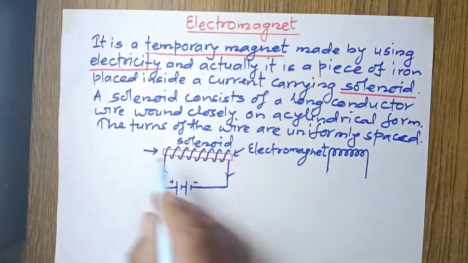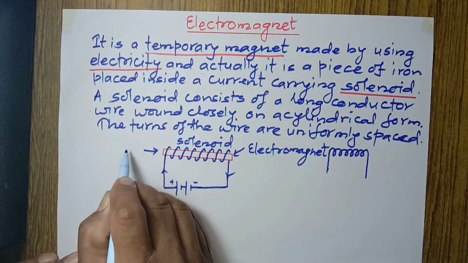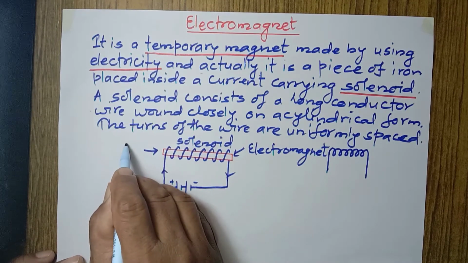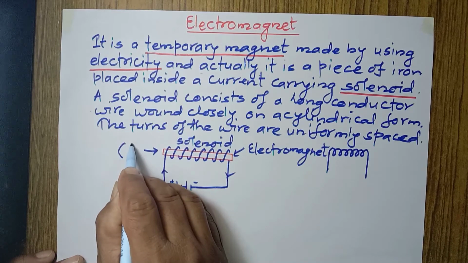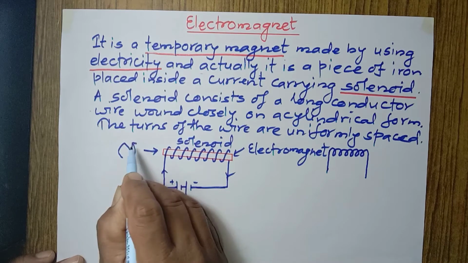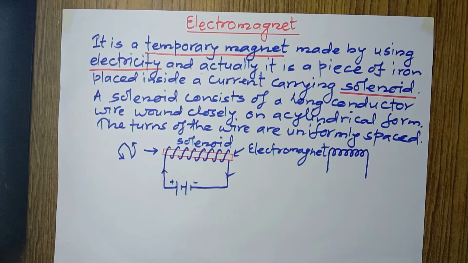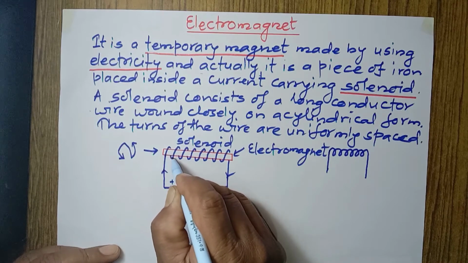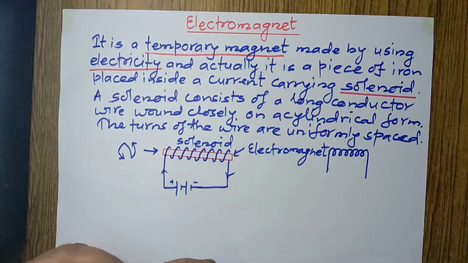It means if it is seen from this side, then the solenoid looks like this. I'm writing a little stylish N. Actually, current is passing this way and going back and coming from front side and going back this way.